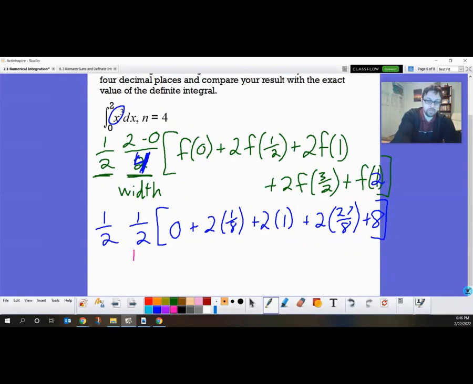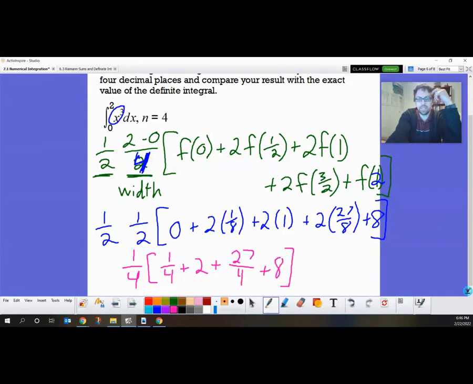So this is going to be 1/4 of, let's see, 0 plus 2/8. So that is 1/4 plus 2 plus 27/4 plus 8. So that's 28/4 plus 8.